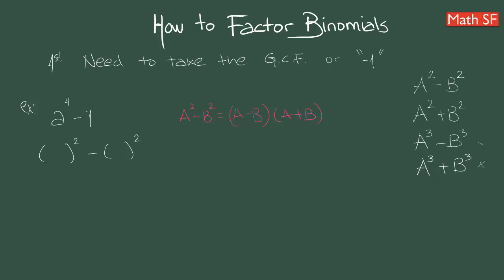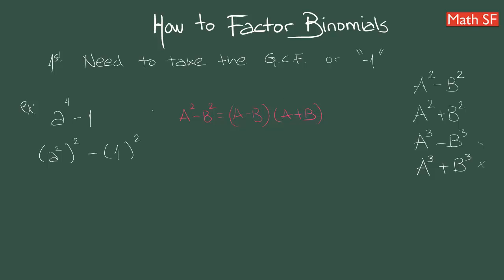Now, what term squared gives you a to the 4th? a squared. If you use the laws of exponents, 2 times 2 gives you 4. Therefore, a squared, squared, gives you a to the 4th power. Now, what number squared gives you 1? 1 times itself. Oh, then we can write this as a difference of squares.